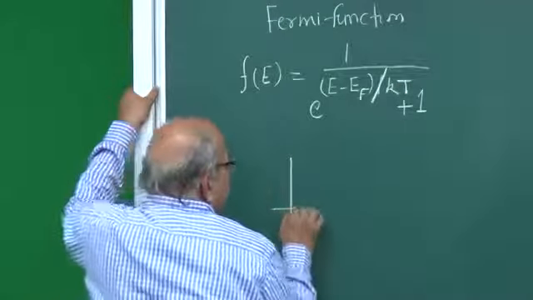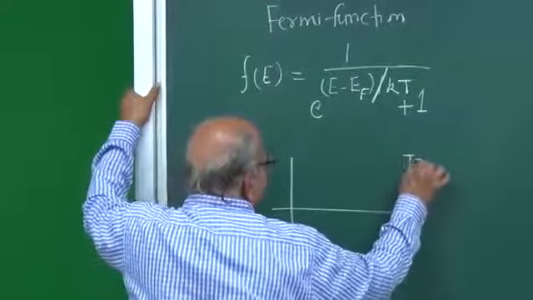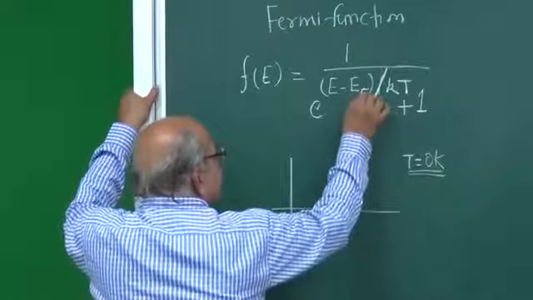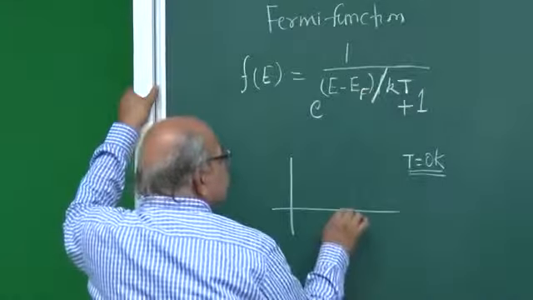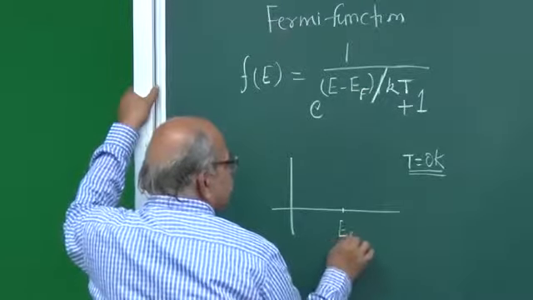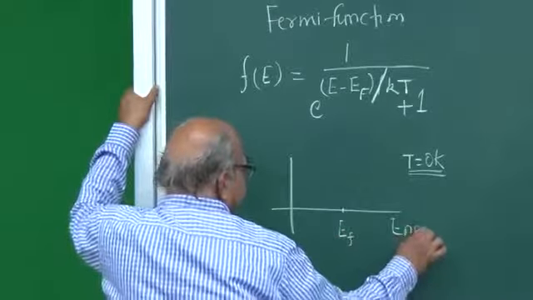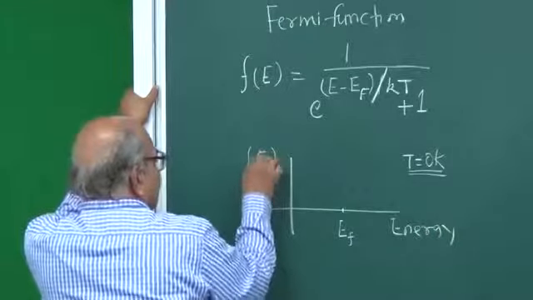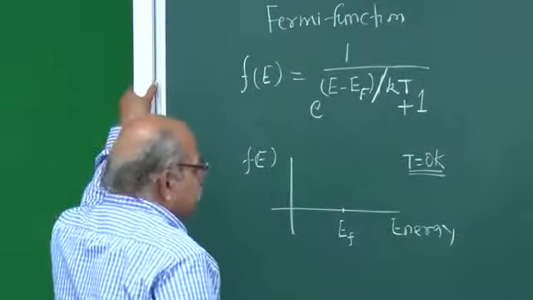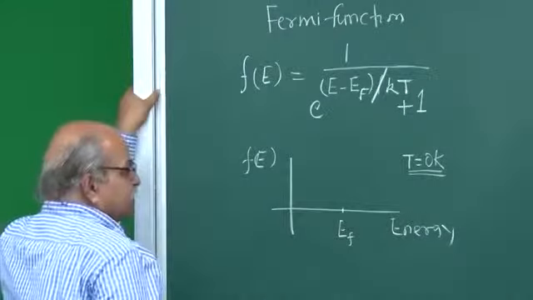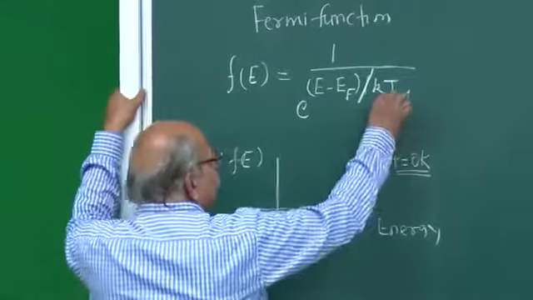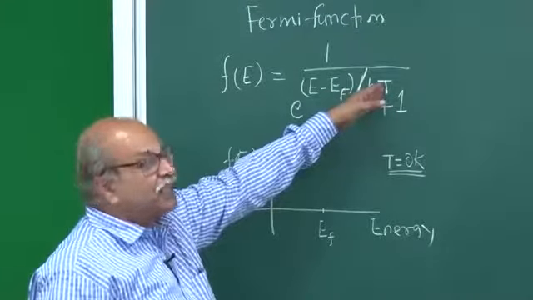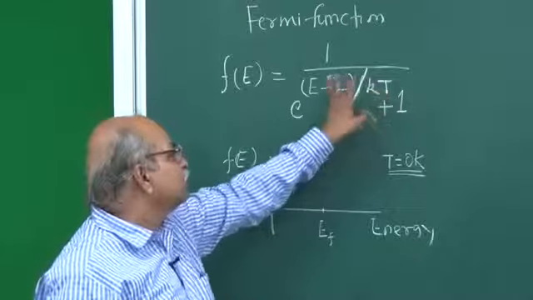So if you look at 0 K, T equal to 0, and there is another constant appearing here, EF, so let's say this is EF, this side is energy, and this side is Fe. If you try to plot this, if T is 0, then the exponent is going to be infinity, since T is in the denominator.